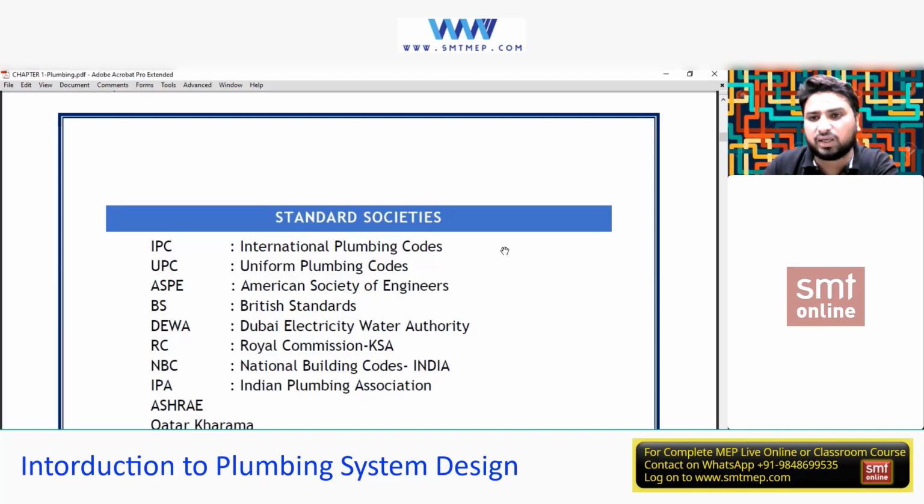If you're dealing with any kind of company, they will have codes and standards they work with. IPC is a code which is globally accepted. For example, if you're working in a company and they don't have any code, and they ask you to design a pipe size without saying as per IPC or anything, just with whatever code you know, you can simply follow IPC, because IPC is the International Plumbing Code.